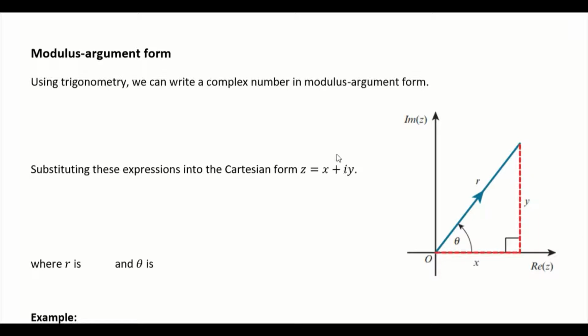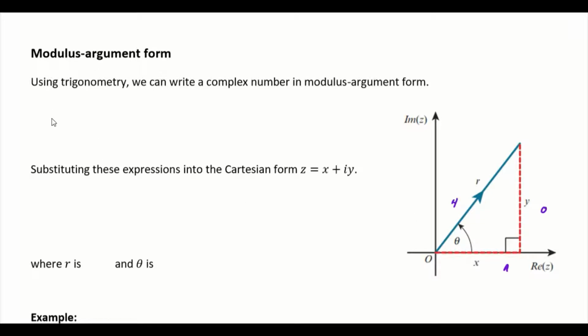We are going to substitute x and y with something which consists of theta and r. How are we going to do that? This is a right angle triangle, so I can always connect x and y to r and theta by using SOHCAHTOA. This is my angle, so this will be my opposite, my adjacent, and my hypotenuse.